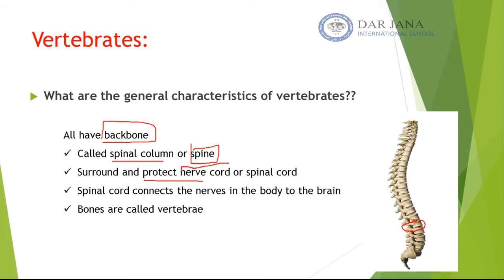The nerve cord has another name, spinal cord, which is responsible for transmitting the messages from the body to the brain and vice versa. The spinal cord connects the nerves in the body to the brain. As we mentioned, the bones are called vertebrae.